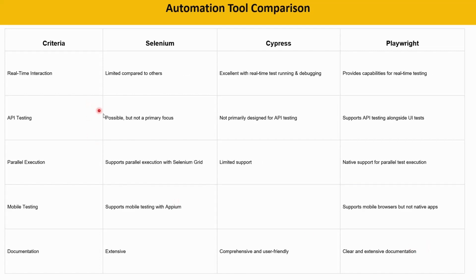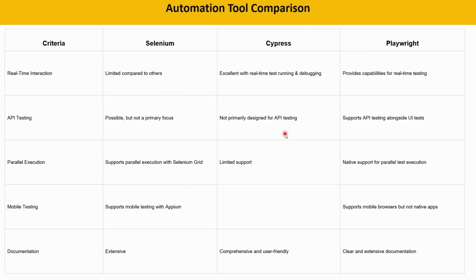Now let's talk about another criterion, real-time interaction. Selenium is limited compared to the others. Cypress is excellent with real-time test running and debugging. In a similar way, Playwright provides the capability for real-time testing. For API testing, it is possible with Selenium but not a primary focus, and Cypress is also not primarily designed for API testing.